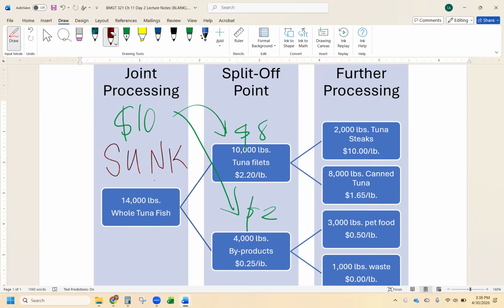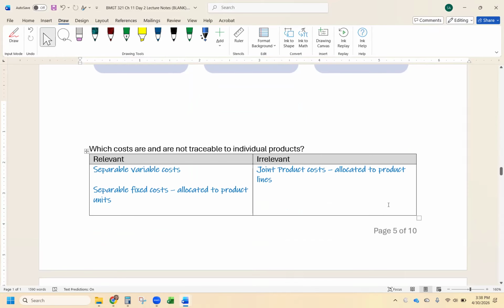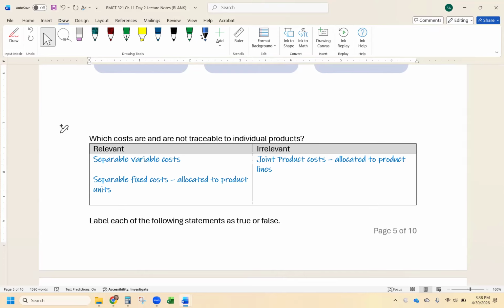So on the next page, let me add a couple things here. We did do this last time, but I want to add a couple items. So the relevant costs, this question is asking about costs, but there's also revenues that are relevant.